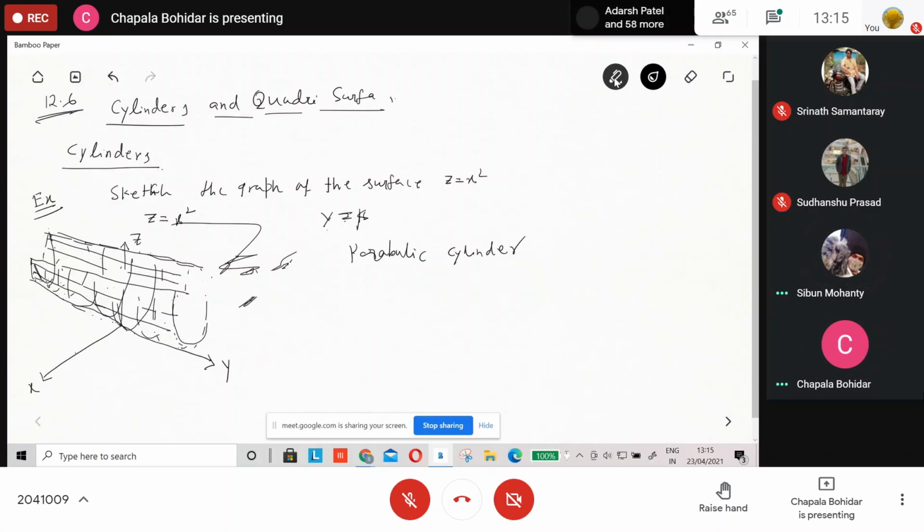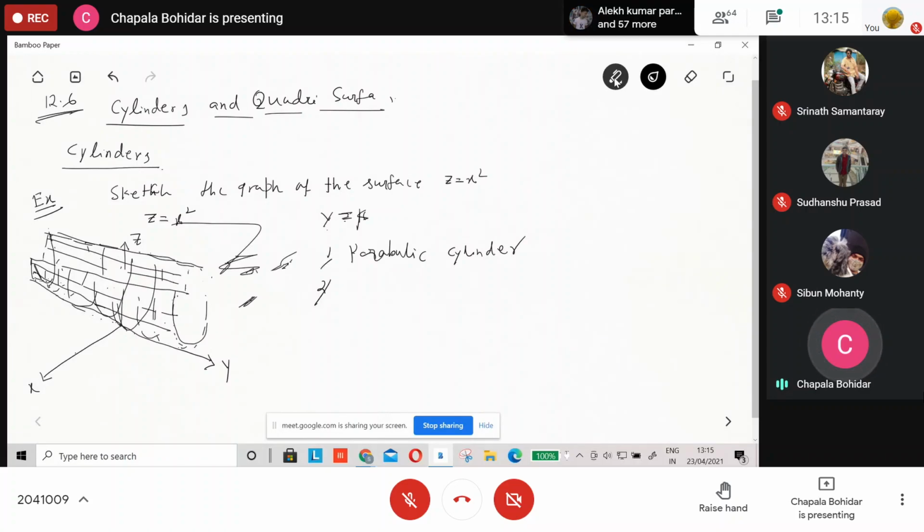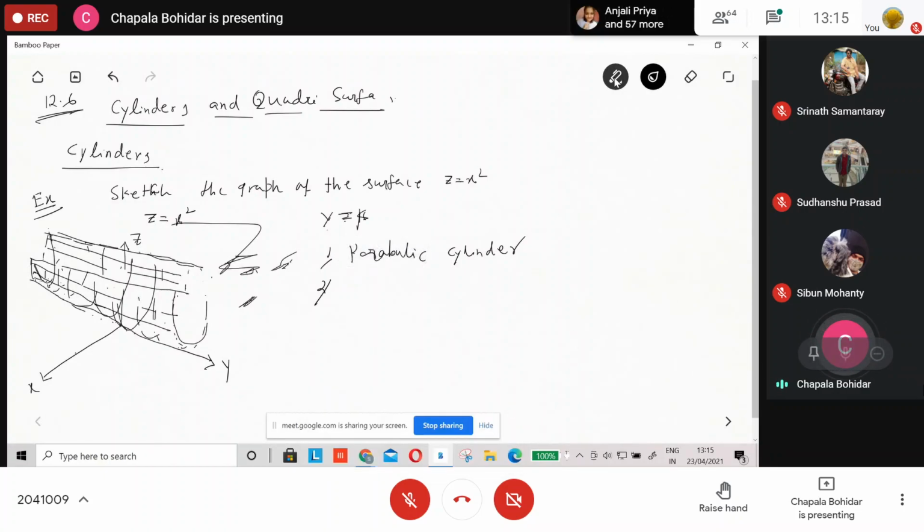Y-axis. Yes. So you sketch this figure and write down, first point, it is forming a parabolic cylinder. And second point, the ruling lines are parallel to the y-axis.